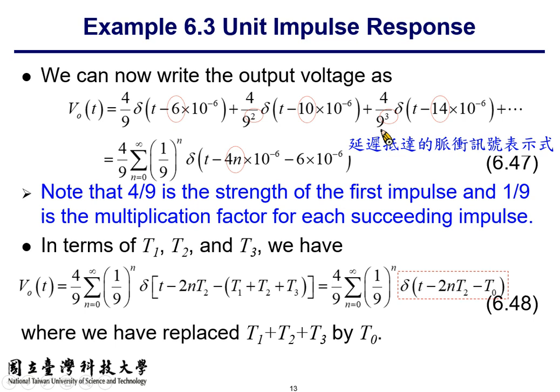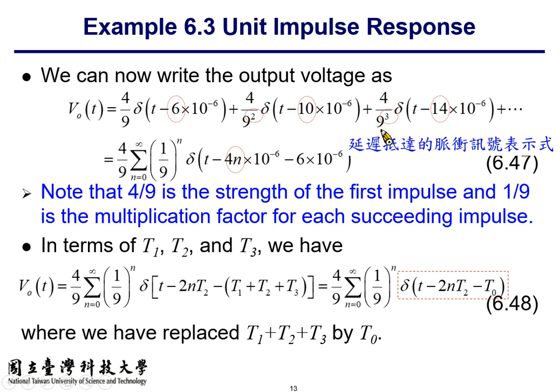Then equation 6.40a is a more sophisticated expression of equation 6.47. They are essentially the same, except that the time delays are replaced with capital T1, T2, and T3, the time delays in those sections.